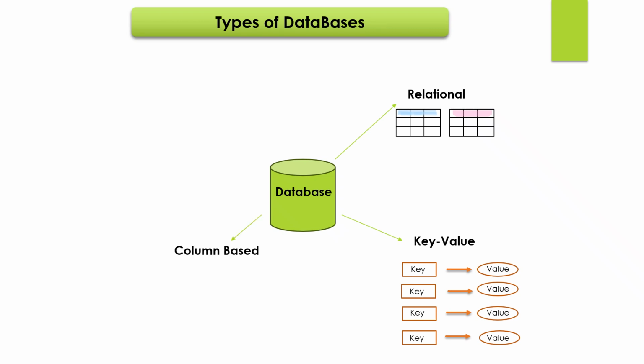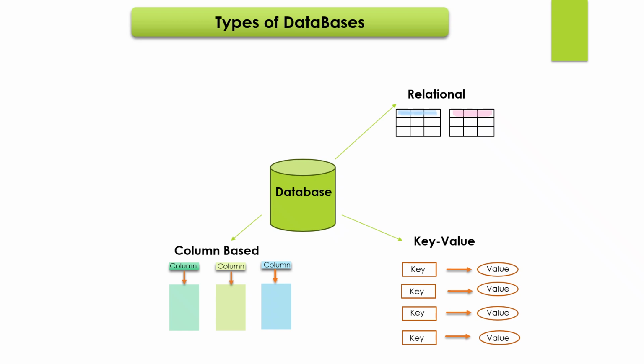Another important type is the column-based database. Instead of grouping the data by rows, this type of database groups the data by the columns. So that's why it's called a column-based database. This is a more advanced type of database, designed to handle huge amounts of data, especially when the main goal is fast searching and analytics.